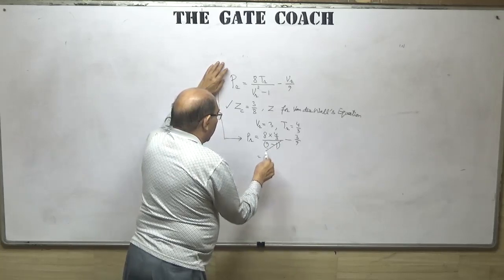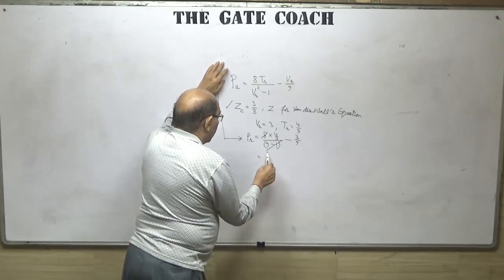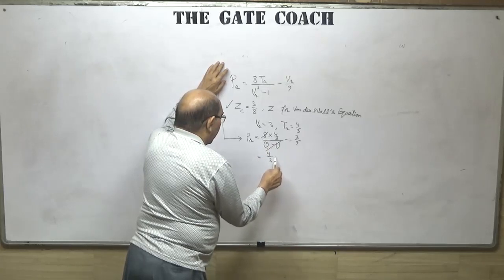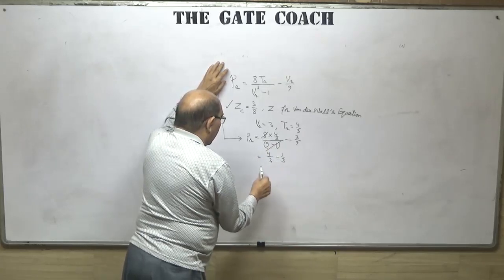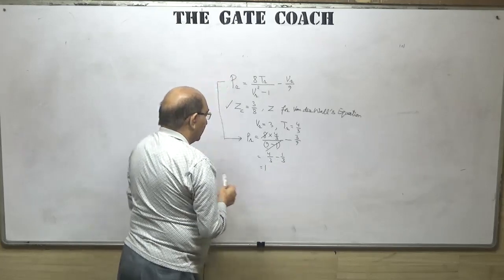This 9 minus 1, 8 gets cancelled. So this becomes 4 by 3 minus 1 by 3, that is unity.